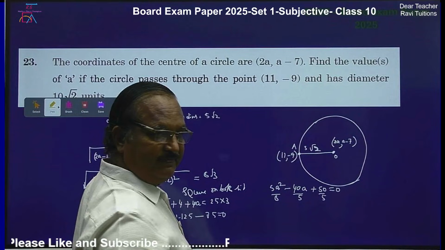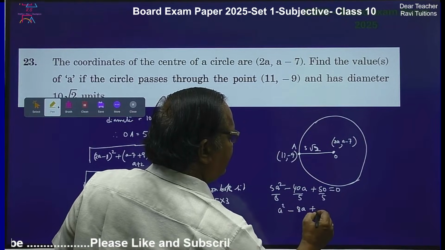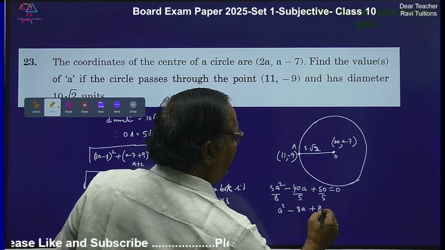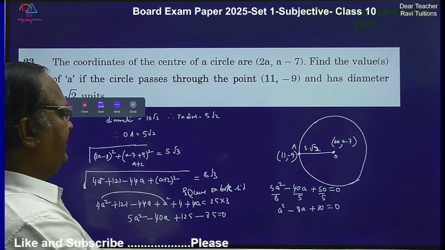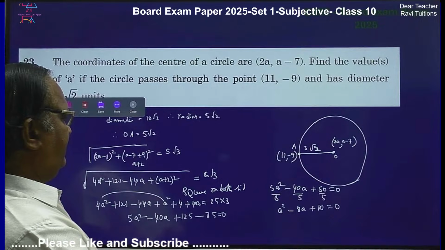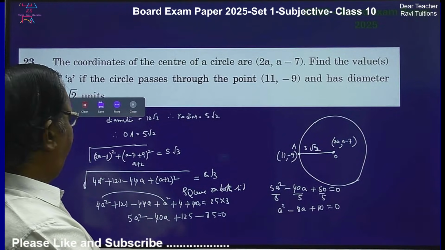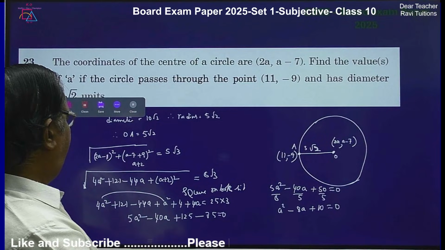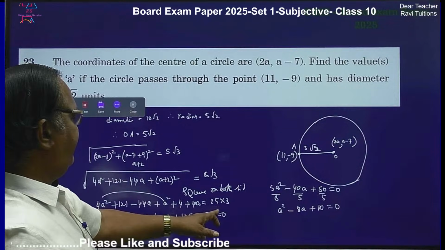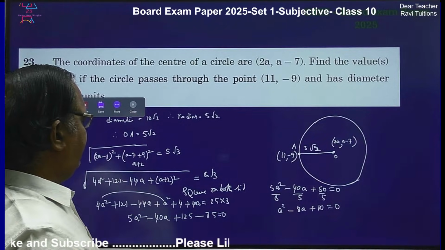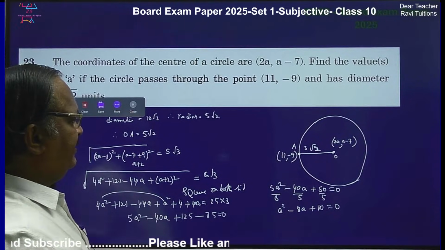So then what happened? a square minus 8a plus 15 is equal to 0. Okay. Am I right? 121 plus 4 is 125, 125 minus 50 is 75, correct? 8a.